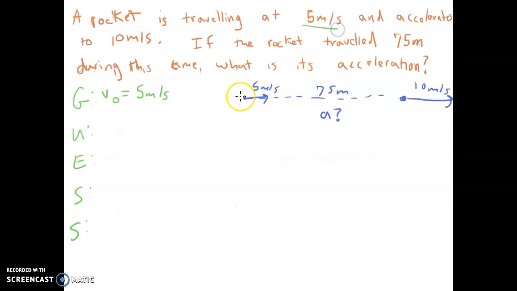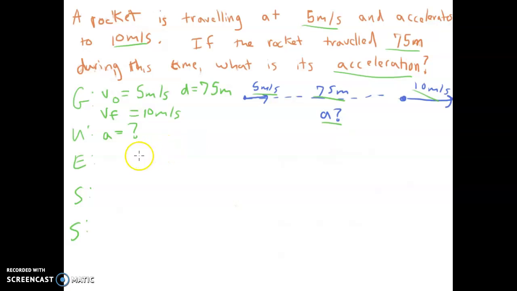That's what it said it was traveling at, and we have it in our picture. Our final velocity, again, we have it in our picture and it's in the question, 10 meters per second. And distance, it's in the picture, it's in our question, 75 meters. Our unknown is acceleration, right? This is what we're looking for.